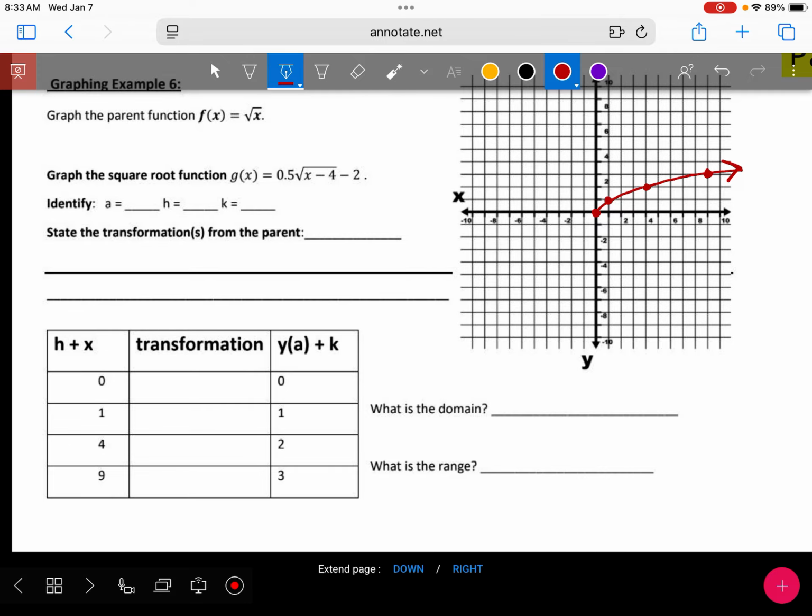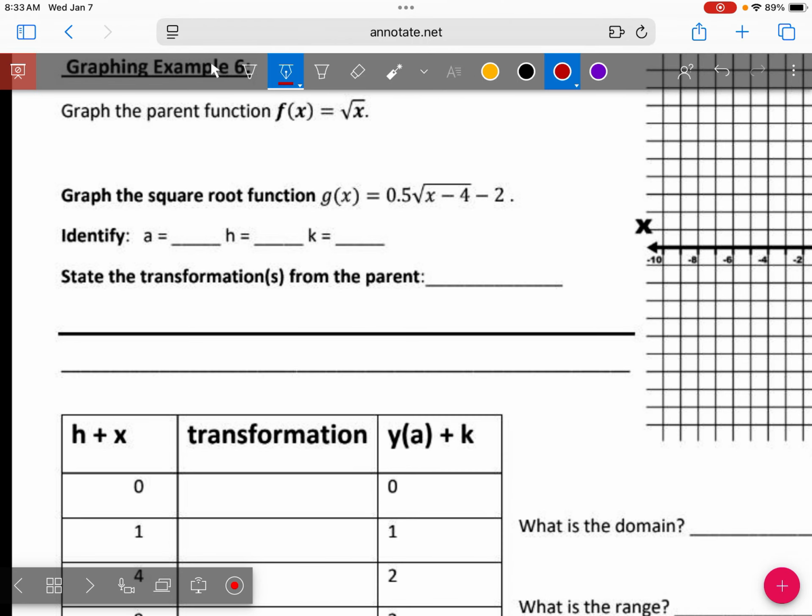All right, so now the number in front is 0.5, and what is that going to make our graph do? Compress. Good job.